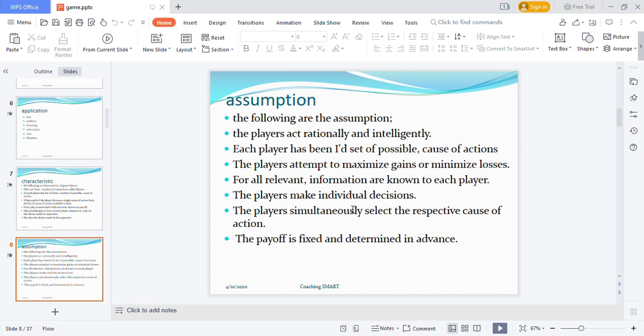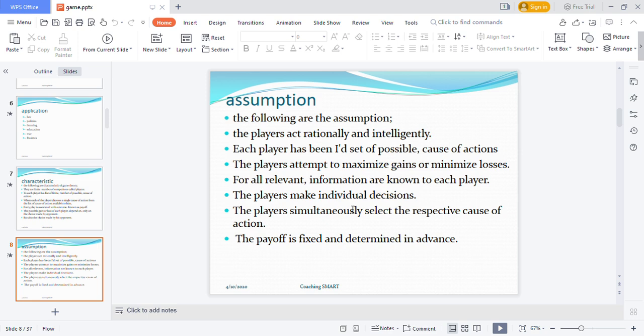All relevant information is known to each other. So the information which is supposed to be used is in the awareness of the players. So the players are very much aware of what the game is all about. The player makes individual decisions.